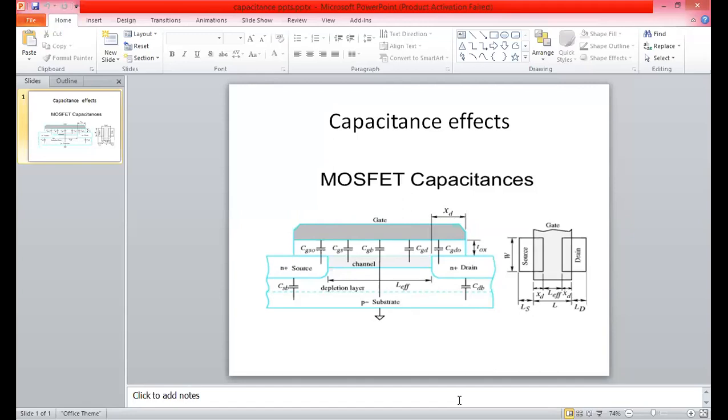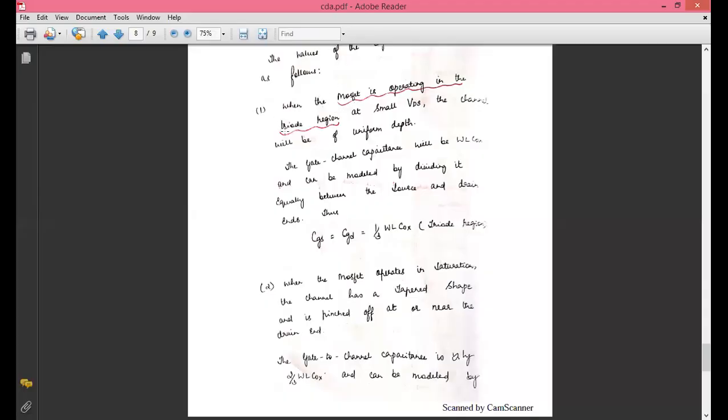So when MOSFET is operating in triode region, the value of VDS will be small and there exist two capacitances, CGS and CGD, the capacitance across gate to source and the capacitance across gate to drain. That is given by area into C of oxide.